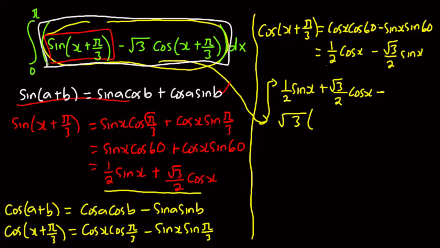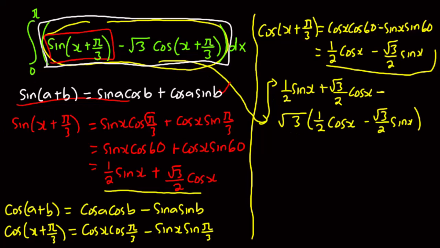What you have here is exactly what we have here. So half of cos x minus root 3 over 2 sine x.